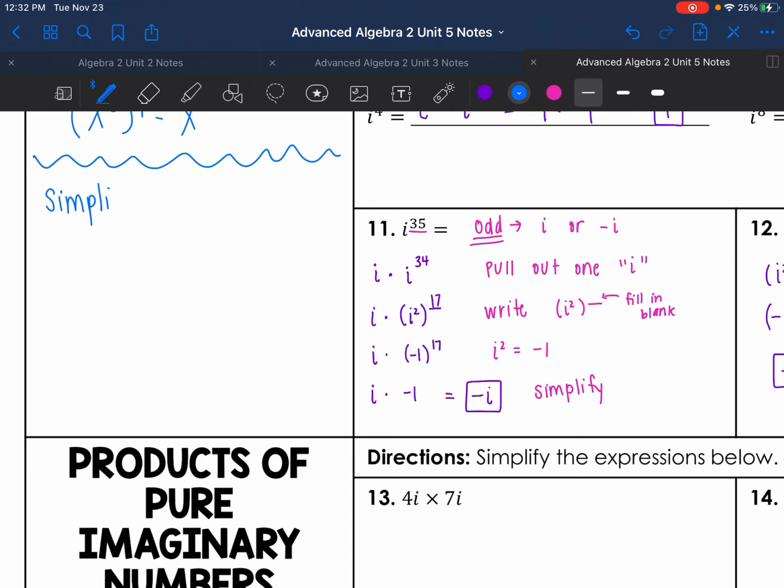Simplify i to the 51st power. So pause the video, take a minute, see if you can do this one.